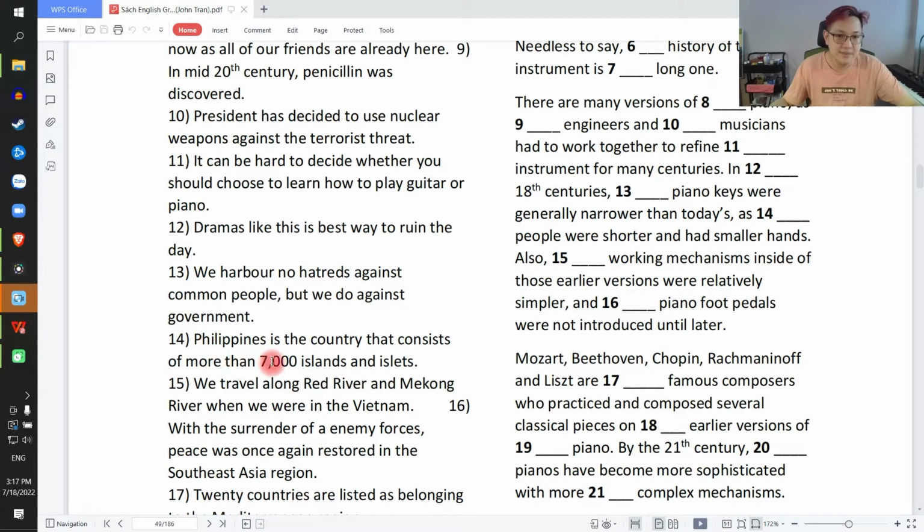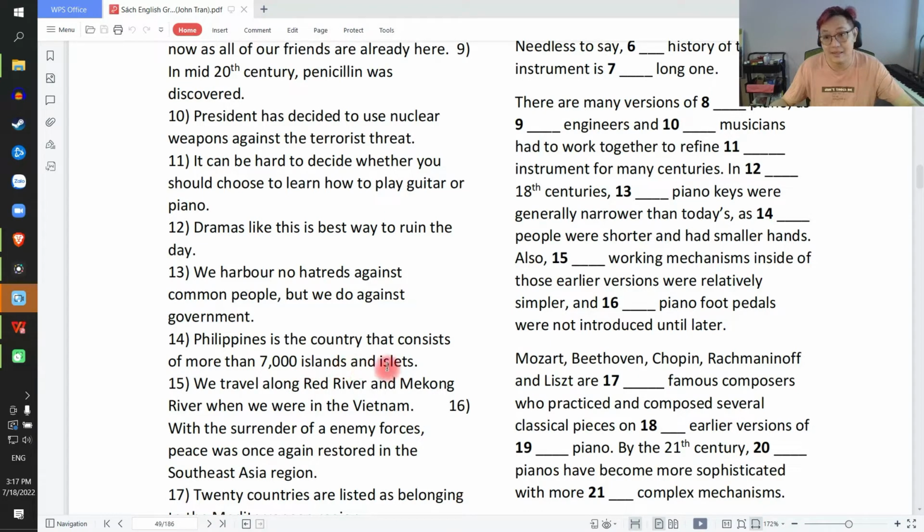So the Philippines is a country. The Philippines is a country. Because we want to talk about a country for the first time, right? So you use a in here. Mình muốn nói về một đất nước mà nói lần đầu tiên nữa, cho nên phải là dùng mạo từ không xác định a ở đây. The Philippines is a country that consists of more than 7,000 islands.